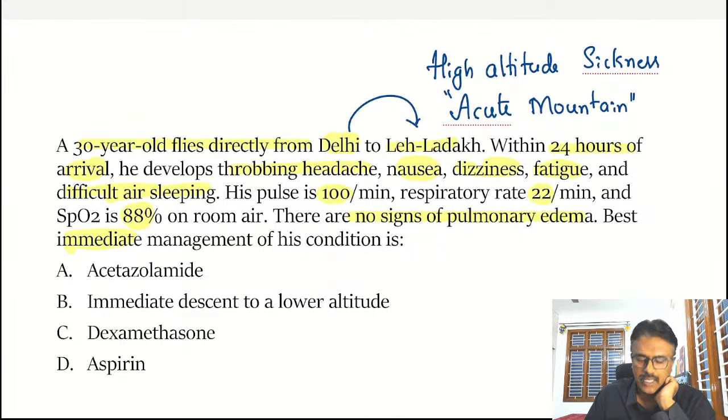So read the question carefully. They are asking, immediately what will you do? Now imagine this situation: you are with your friend who developed this.